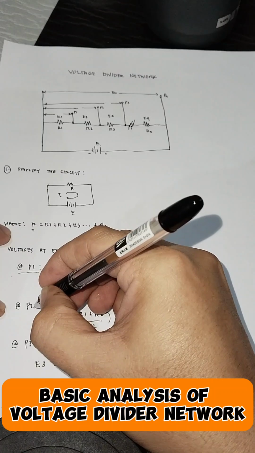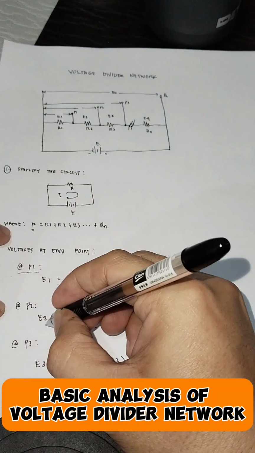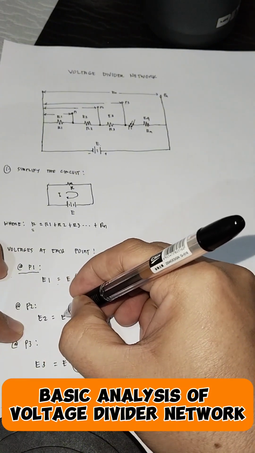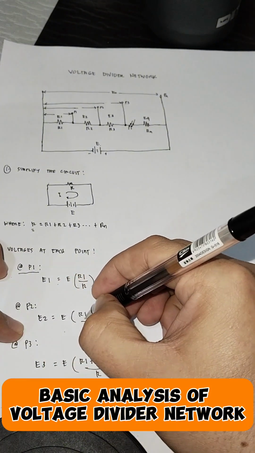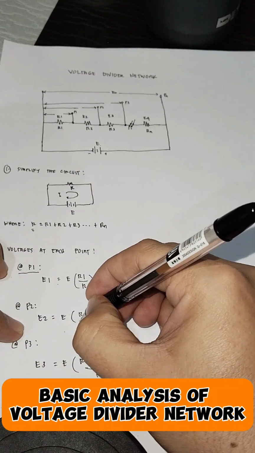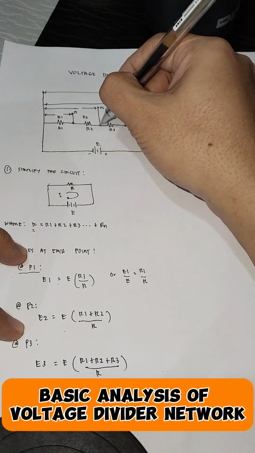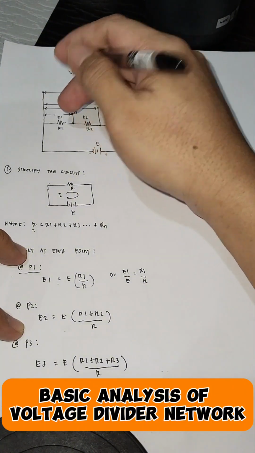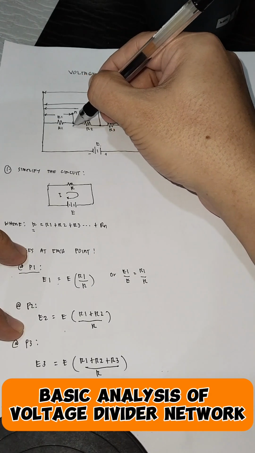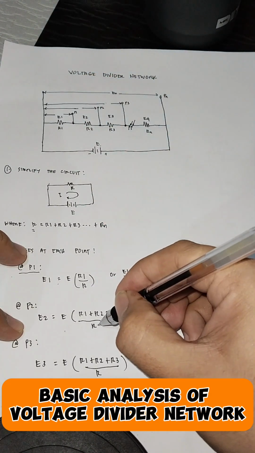And for P2, E2 is equal to E times the quantity R1 plus R2 over R. Since we just add R1 and R2 over the total resistance.